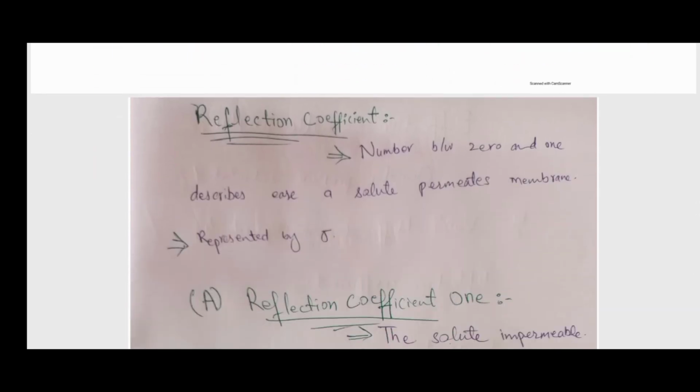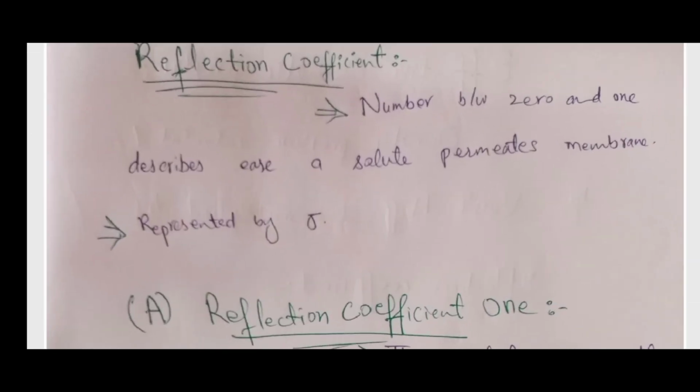What is the reflection coefficient? The reflection coefficient is basically a number between 0 and 1 that describes the way in which a solute may be permeable or impermeable through a semi-permeable membrane.